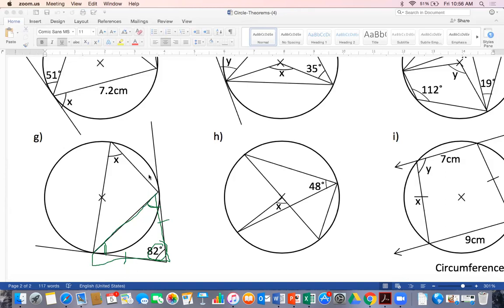Okay, so let me draw it. If that is 49, find the other values. Let me just clear this.